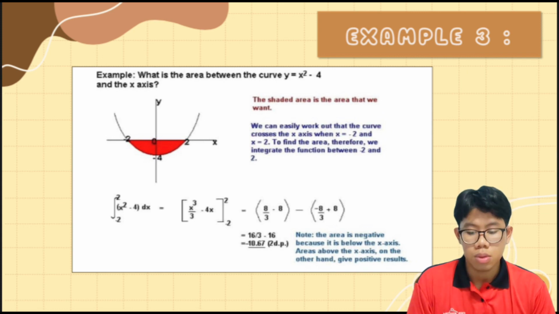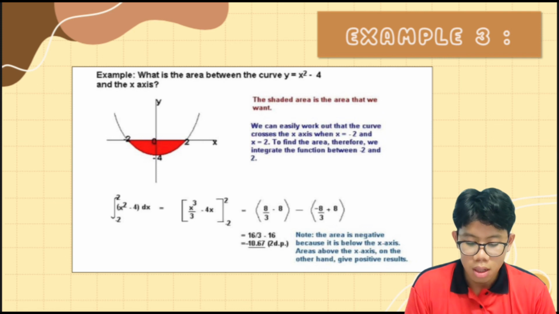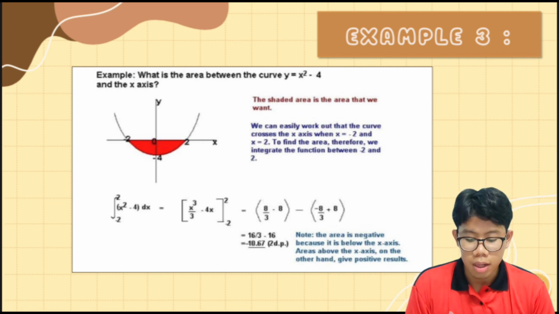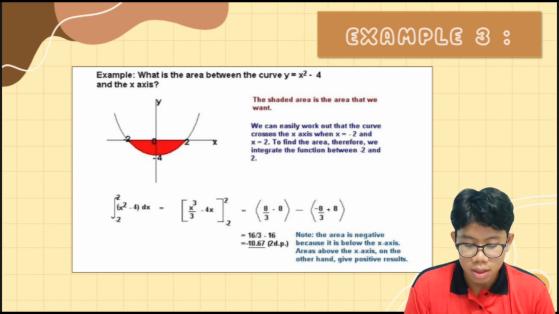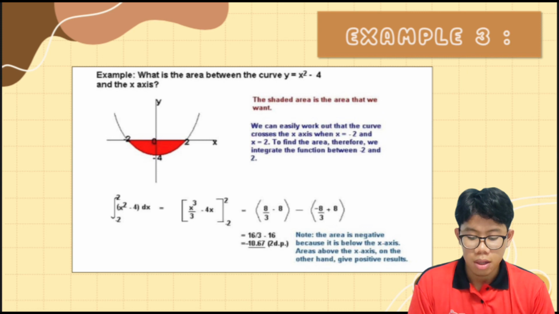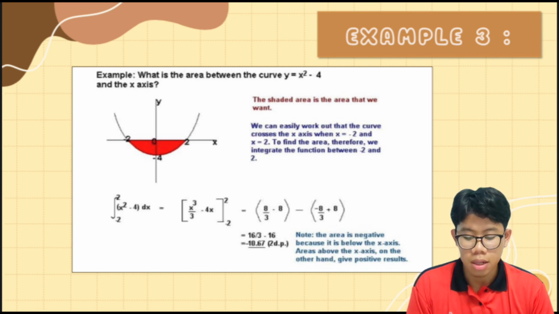And next, to evaluate the definite integral, put the limits of integration in x to the power of 3 over 3 minus 4x, and use the formula f(b) minus f(a) to evaluate the expression.